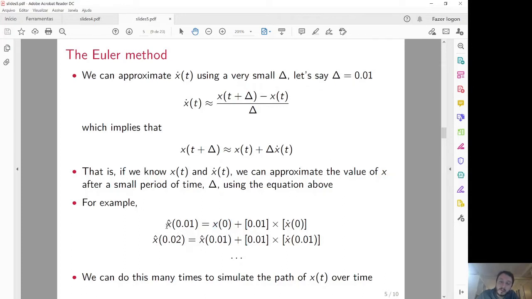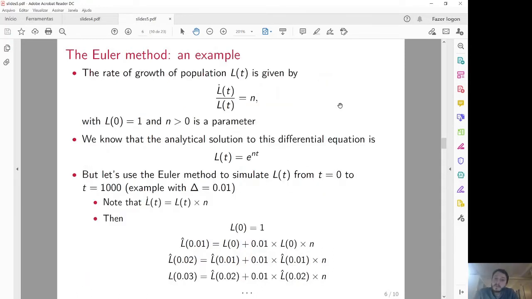So we can approximate the value of x at time 0.01 as the value of x at time 0 plus the size of the time gap, 0.01, times the derivative of x at time 0, which is something we know. Okay? And then we can iteratively apply this method. After we know the approximate value of x at time 0.01, we can get the approximate value of x at time 0.02 using the previous value that we found. And we do this many times and we can get the path of x.